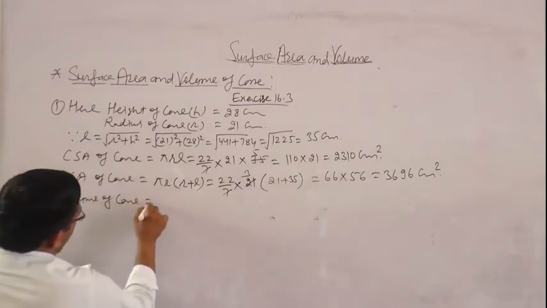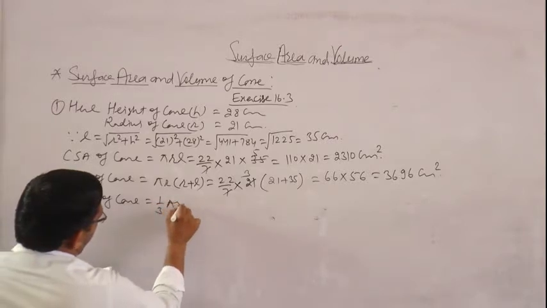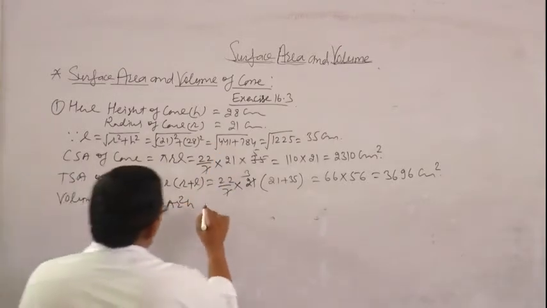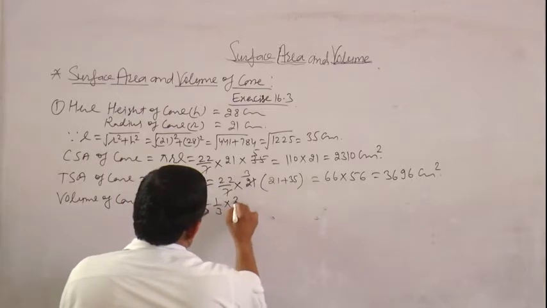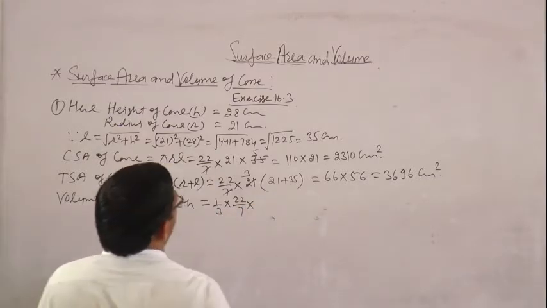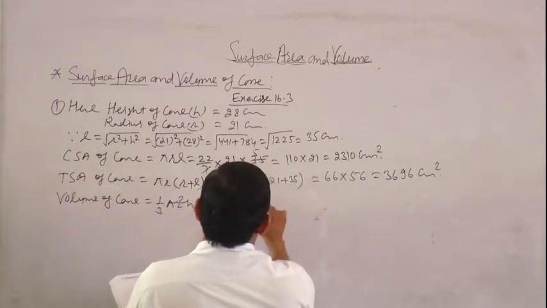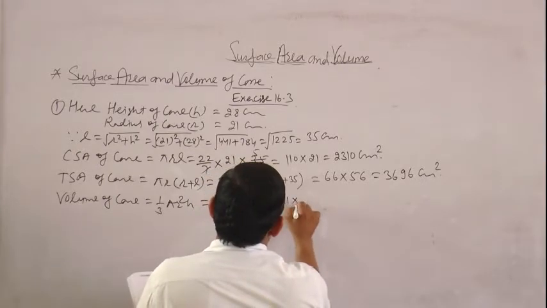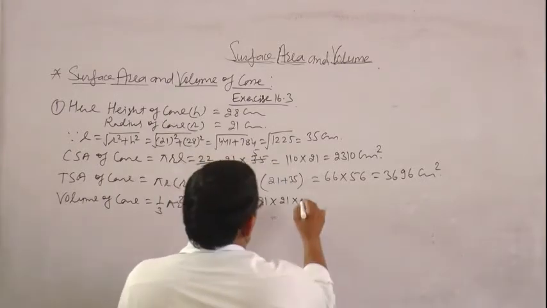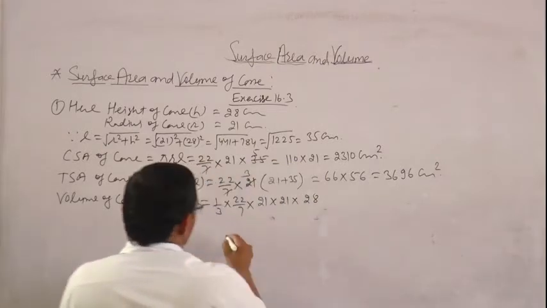Then volume. Volume of cone is 1/3 pi r square h, is equal to 1/3 into 22/7 into r, r is 21 multiply 21 multiply h. H is 28.